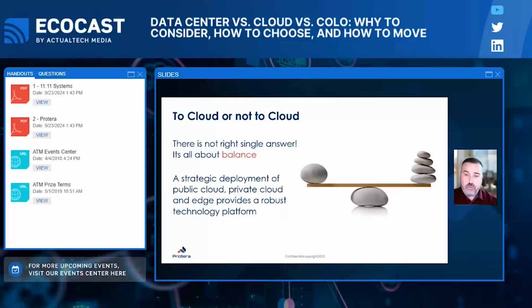Do I go to both Google, AWS, and Azure? How many of those different landscapes do I have? Having too many landscapes can make an environment hard to manage, costly, and can create security concerns. Having not enough, only using public cloud and not having a proper edge deployment, can limit or hinder the business's ability to utilize things like IoT and some of the innovation. So we have to figure out what that balance means and what's right for our business.